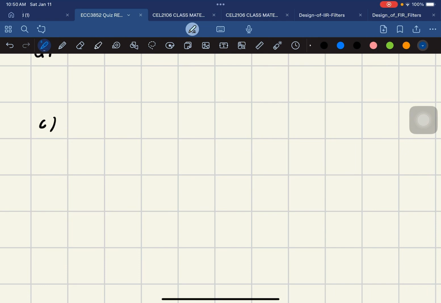For the last question of question 1, which is part C, the 4-point DFT.